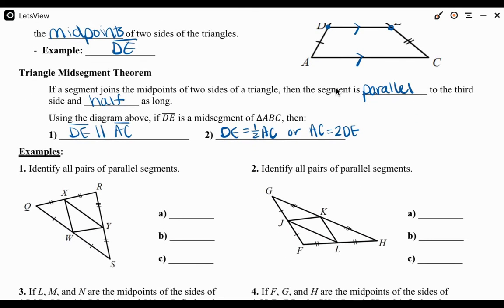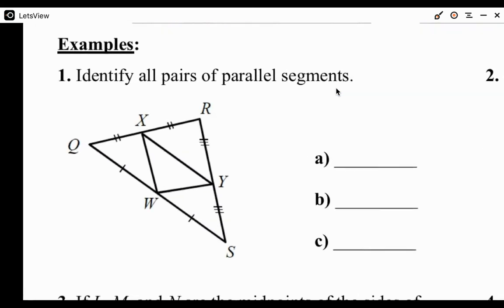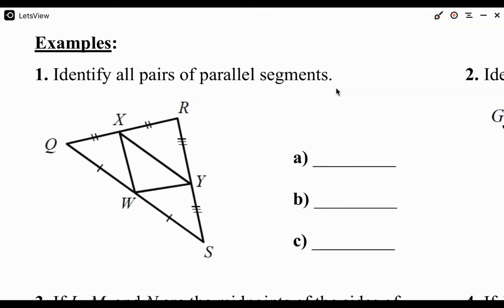In example number 1, we want to identify all pairs of parallel segments. We have a bunch of midsegments here. Let's start off with WY, which is going to be parallel to the side that's across from it.